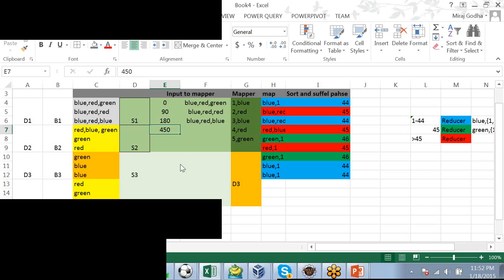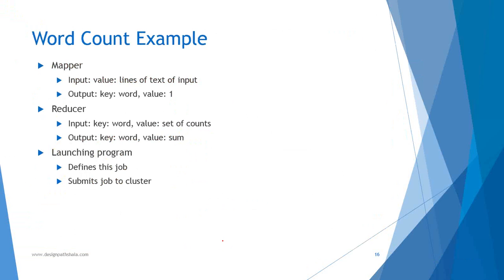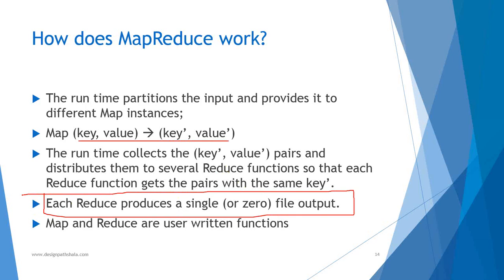Okay, let me go back to the PPT. So now I hope you understand that map gets a key and value pair, or produces a key and value pair. That key and value pair goes to a reducer. There could be a step where you don't want a reducer, like in the previous example I was saying.